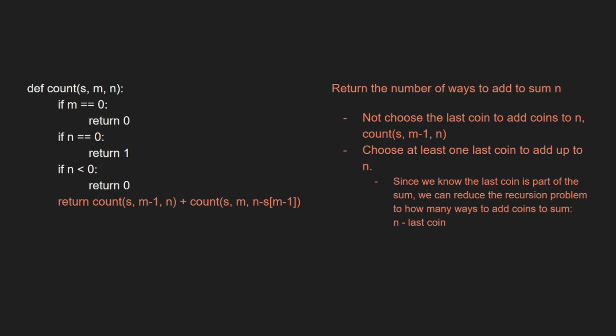Otherwise, you return the number of ways for sum N, where you either do not choose the last coin, so count passed in S, then M take away 1, then N. Or use the last coin, where since you know that the last coin has to be put in the sum, you can reduce the recursion problem to how many ways to add the coins up to the sum, which would be N take away the last coin.